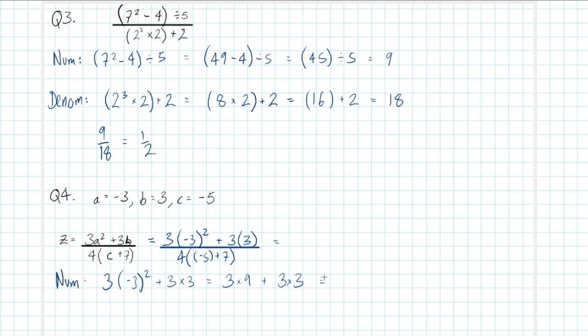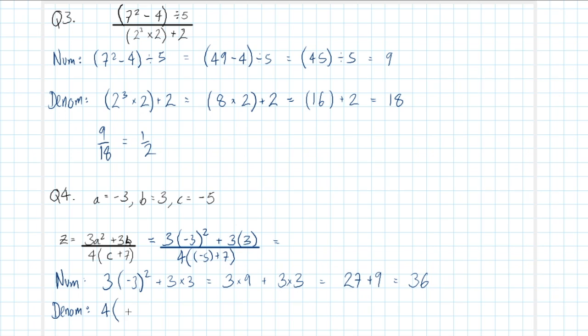There's no brackets, there's no indices because we've just dealt with them. There's no divide. There is a multiply though, so there's 2 multiplications here. 3 times 9 is 27, and 3 times 3 is 9. 27 plus 9 is 36. So there's the numerator.